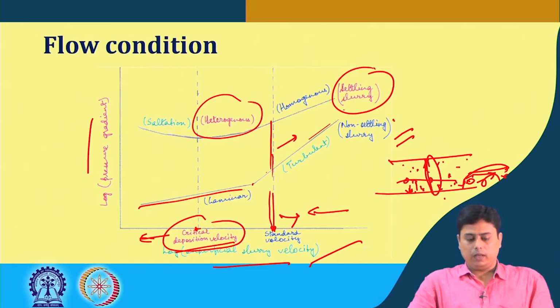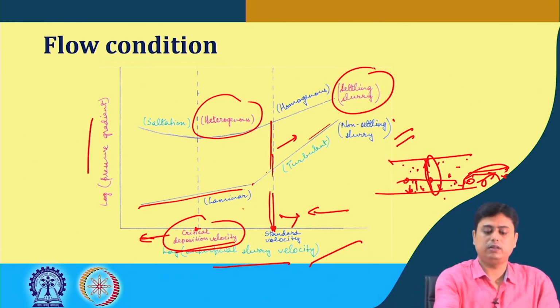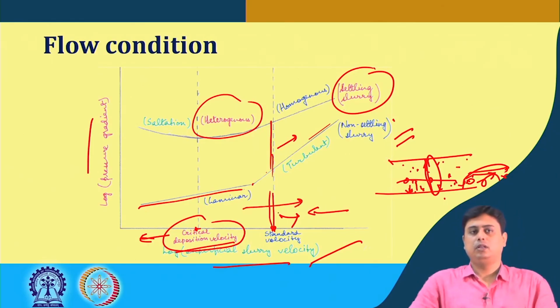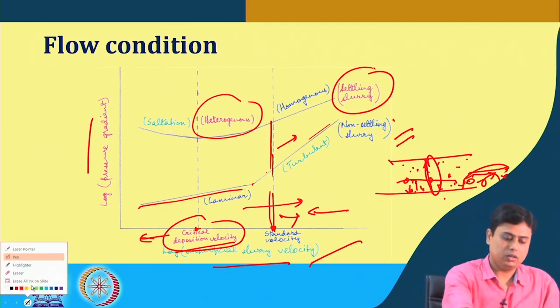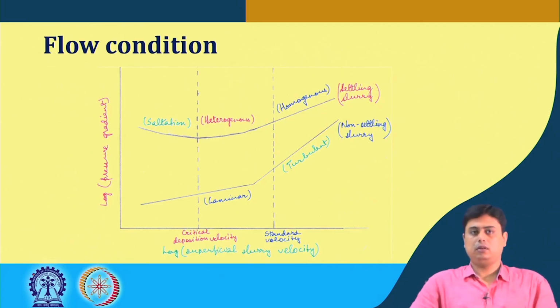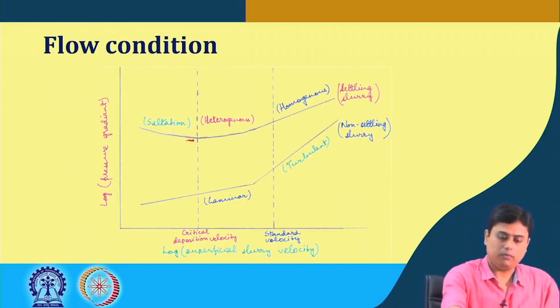Now, in both the cases we can see that the pressure drop usually increases as we increase the superficial velocity. But in the case of settling slurries, once we reach the saltation regime, the pressure drop increases further.